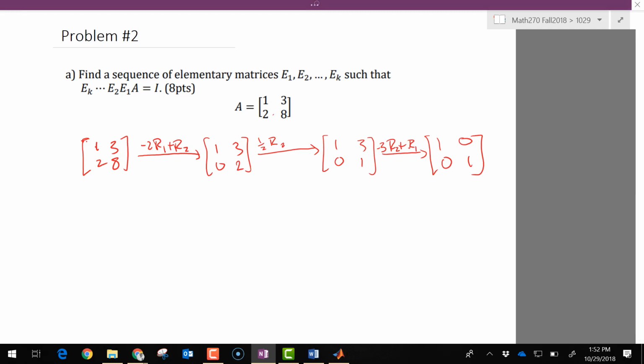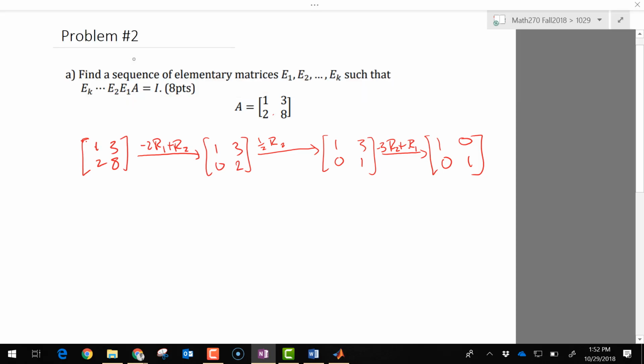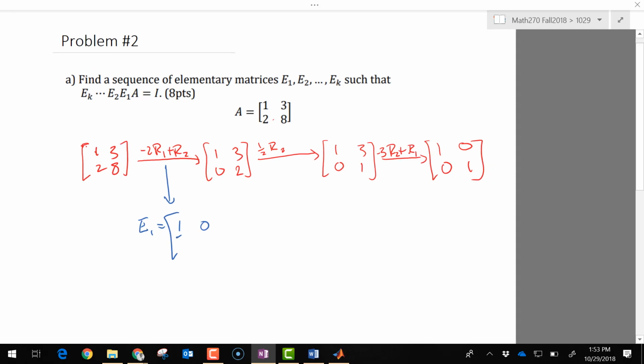So we have 3 steps, so we need 3 matrices. We will denote that first matrix as E1. And let's perform this operation on the identity. So it'll be -2, -2, and then 1 in the bottom. So that's that.